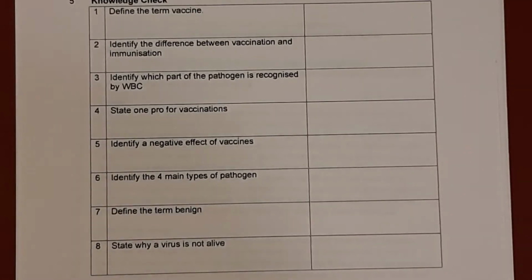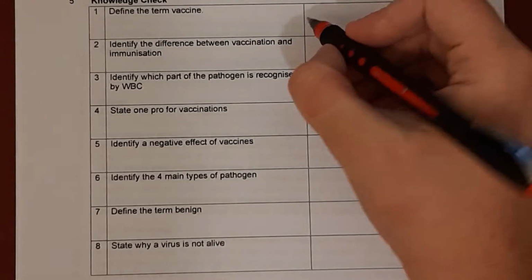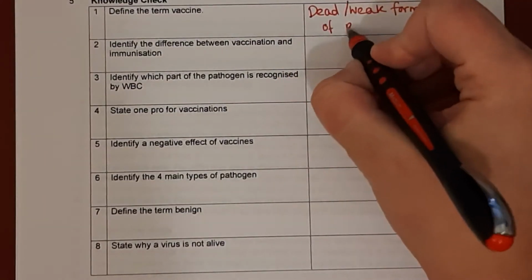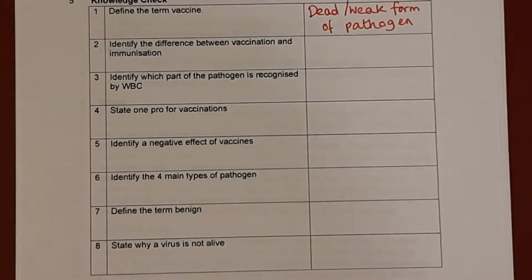Question 1. Define the term vaccine. So a vaccine is a dead or weak form of a pathogen. Identify the difference between vaccination and immunisation.